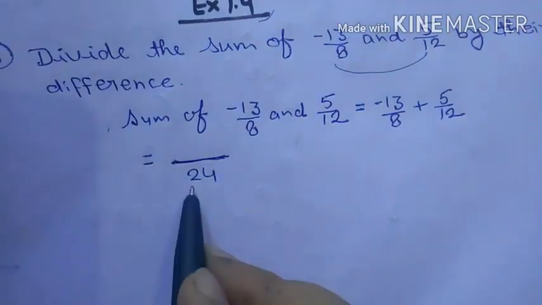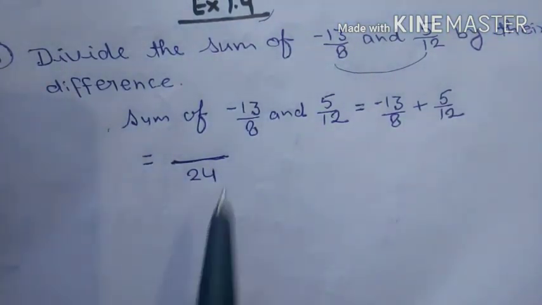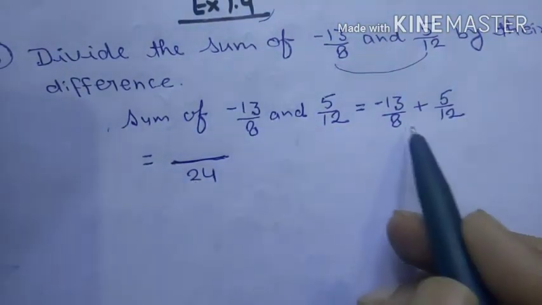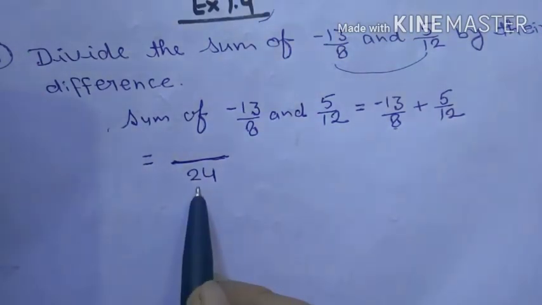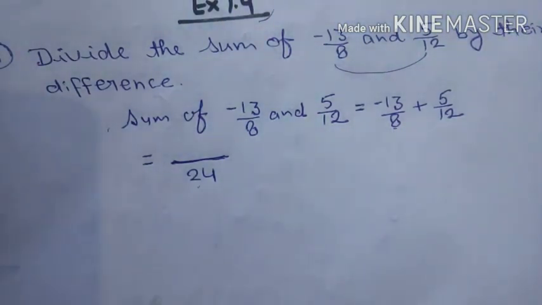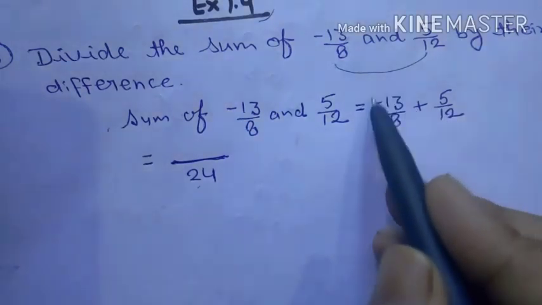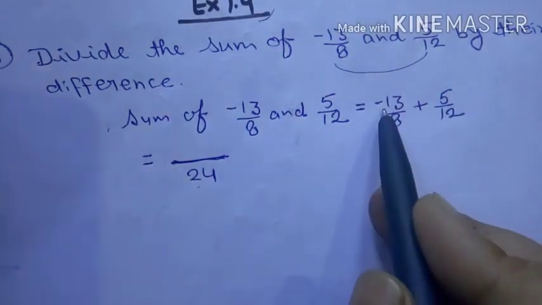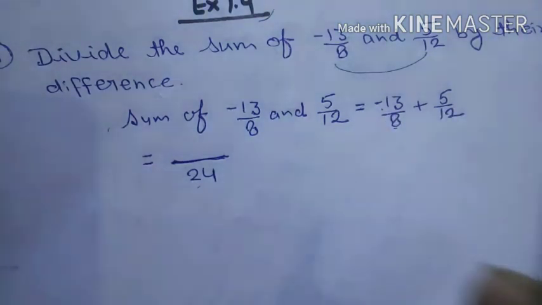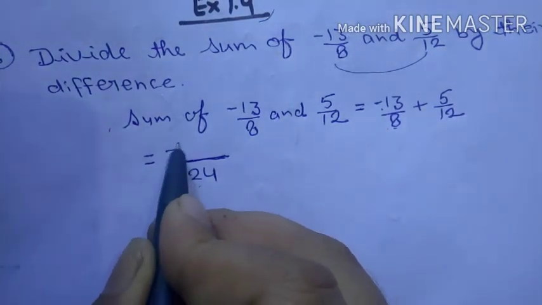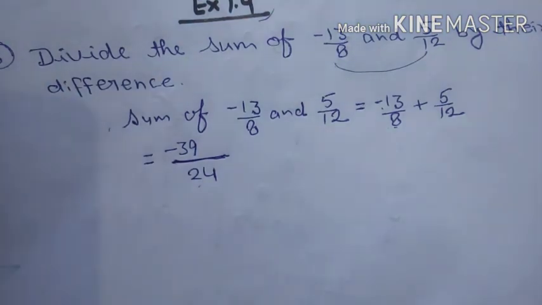We will write the LCM as the denominator and divide this LCM by the first denominator. If we divide 24 by 8, the result is 3. Now we multiply the result by the first numerator: minus 13 times 3 is minus 39.